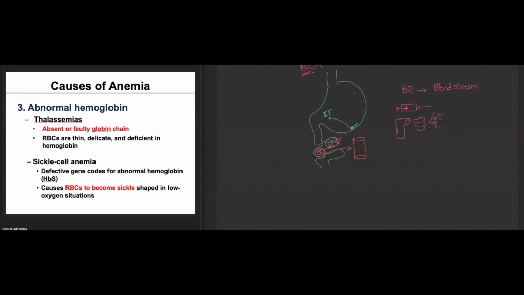The mucosa lining absorbs the B12 directly without the need for the intrinsic factor. Intrinsic factor is a cofactor that will allow the receptor to take in the vitamin B12 from the intestinal cells to the bloodstream. Does it make sense?